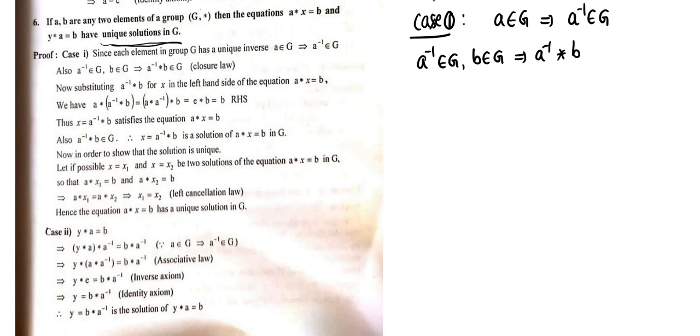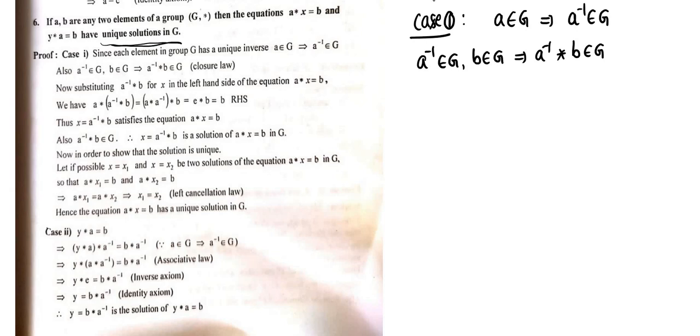Since each element in a group G has a unique inverse, if a belongs to G, a inverse exists and is also an element of G. Now a inverse belongs to G and b also belongs to G, so by the closure law, a inverse * b belongs to G.